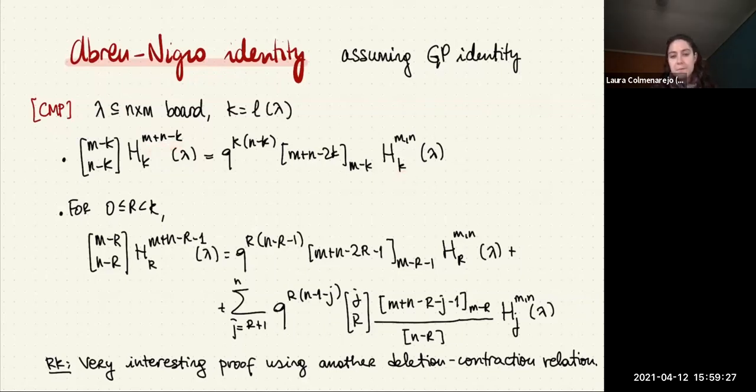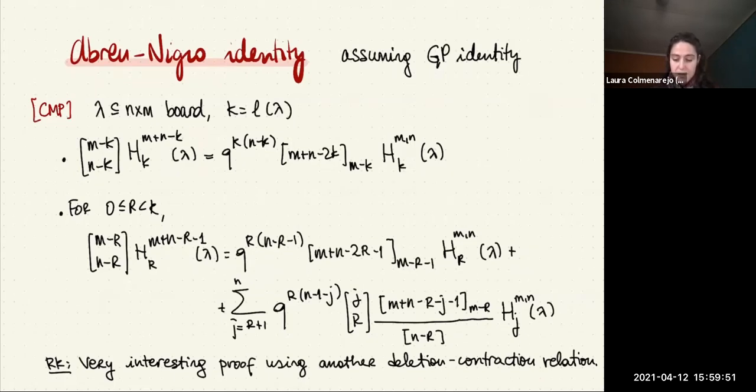So I don't really know how we would be able to get this kind of relations. And in this particular case, especially in this one, we were able to prove it with a deletion-contraction relation that was very nice to do. At least it looked more combinatorial than other proofs, especially those with generating functions.